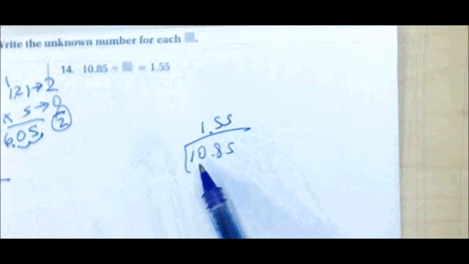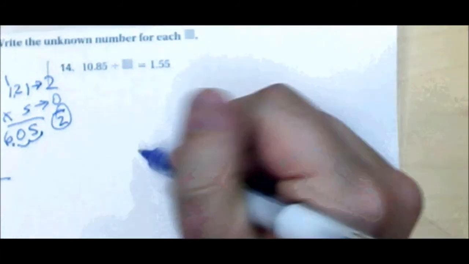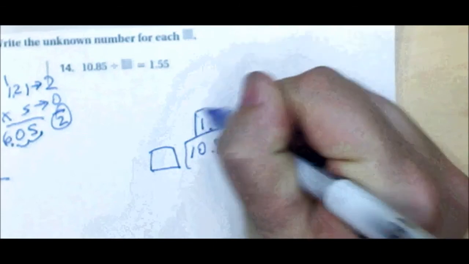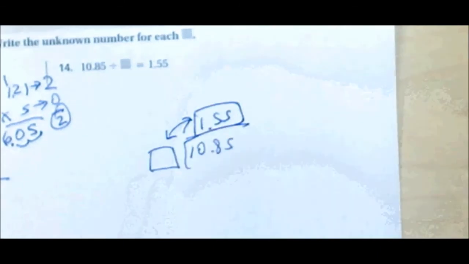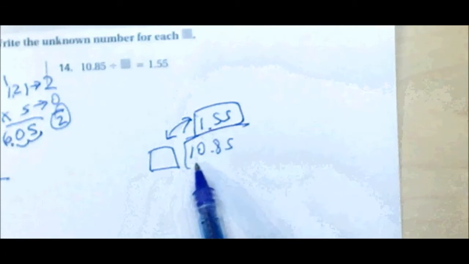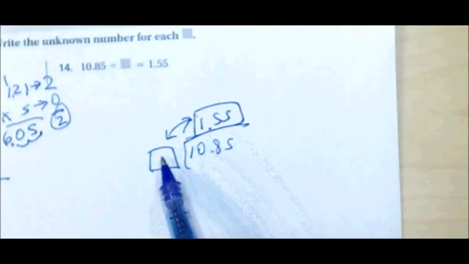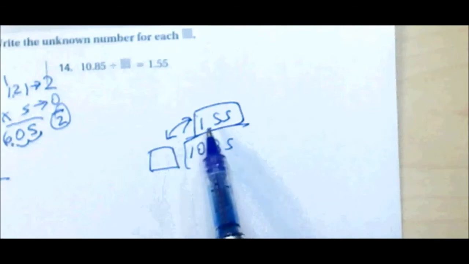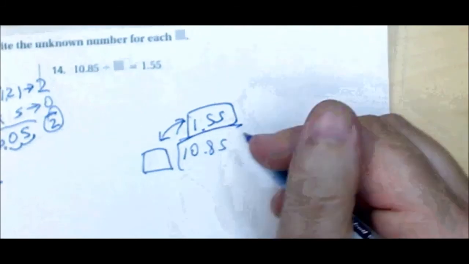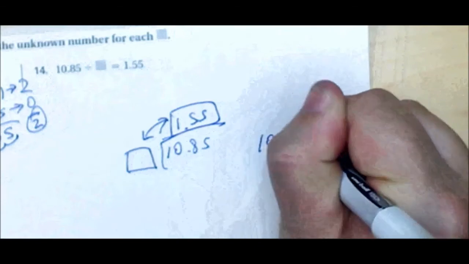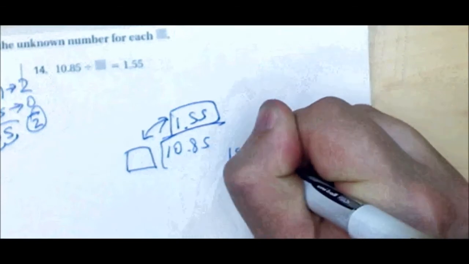But what you could do is realize that these two numbers are interchangeable. If I divide by 1.55, I will get this number. If I divide by this number, I will get 1.55. So I can switch these and make this into 10.85 divided by 1.55.